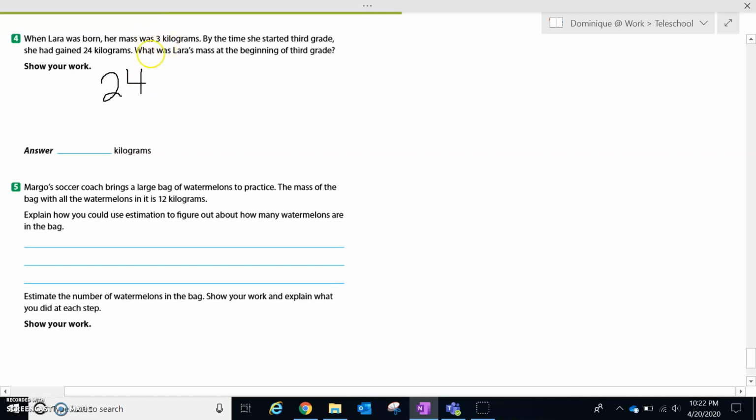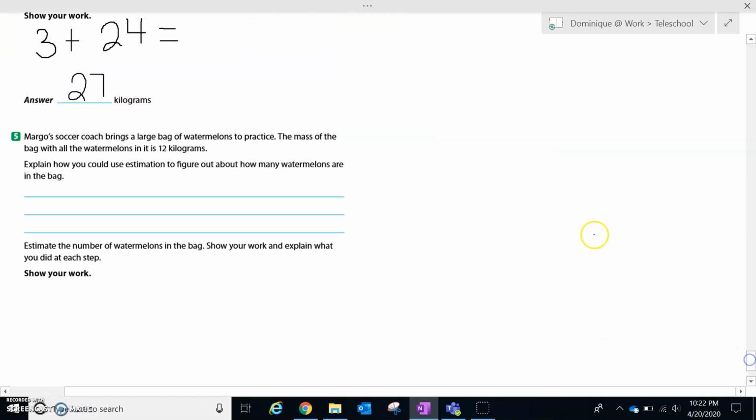When she was first born, she only weighed 3, and then she added on those 24 kilograms. So what operation would we use? Addition. Good job. And 3 plus 24, you can always flip that around. 24 plus 3 equals 27 kilograms. Excellent. These last were pretty easy.